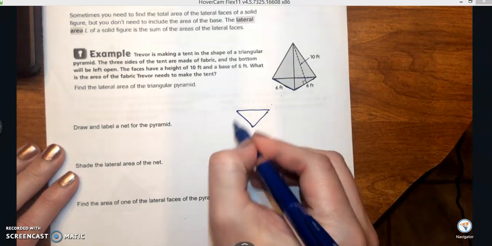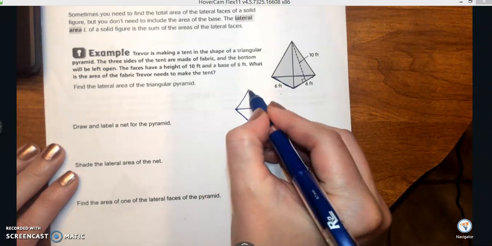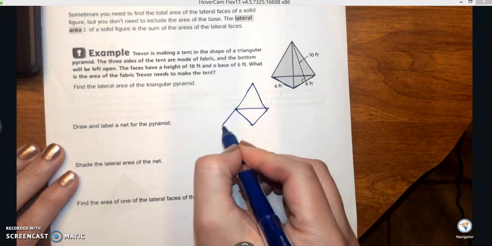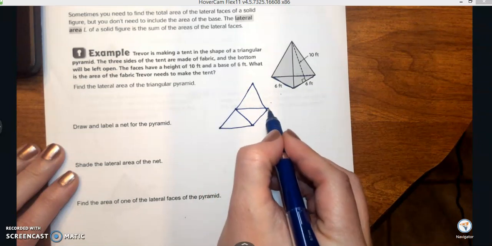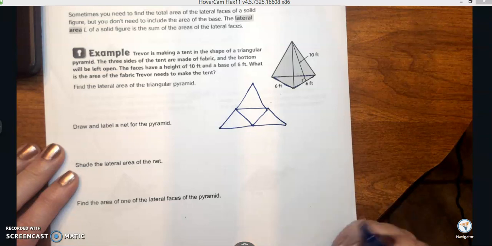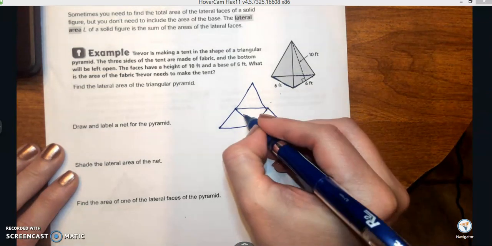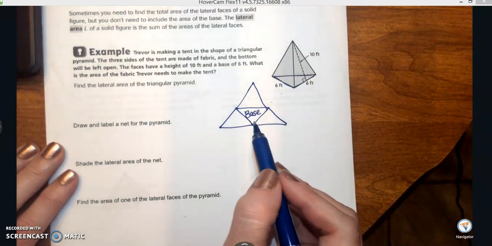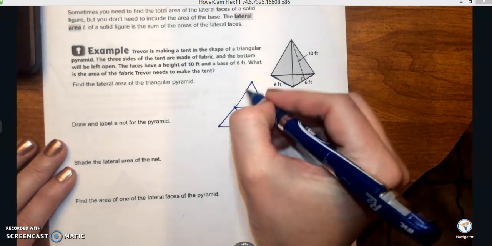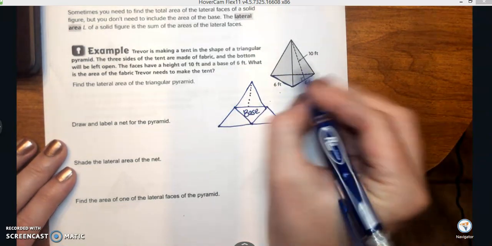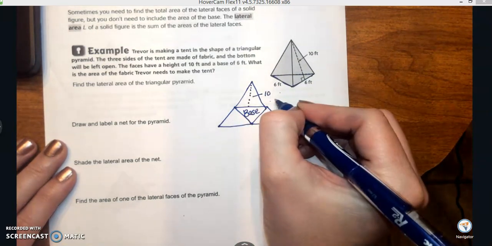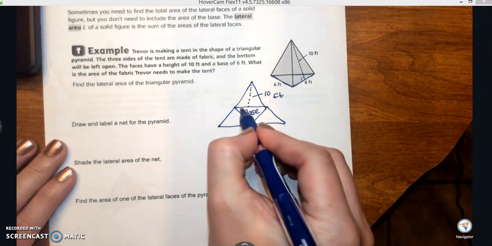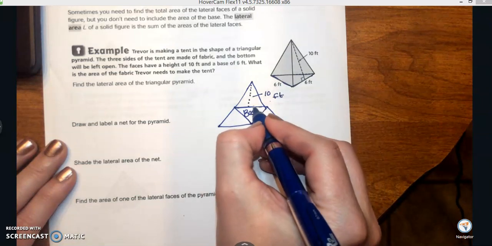Okay, so that means off each side of the base I have a triangle. Alright, so this is my base. I'm just going to write the word base there because I'm not going to fill in anything there. However, I know that the height of each triangle is 10. And I know that the base here is 6.